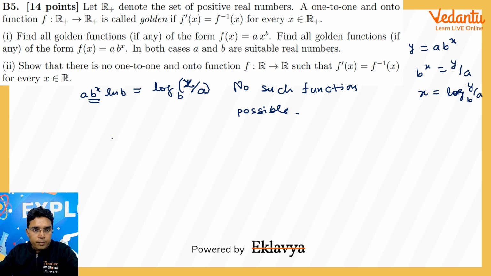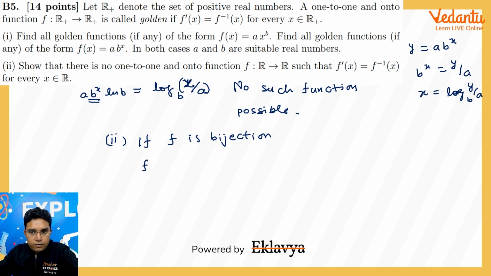Now coming to the second part, it says show that there is no bijective function f from R to R, so that f dash x is equal to f inverse x. See, if f x is bijective and it is differentiable also, assuming, because they are saying for all R to R f dash x is equal to f inverse x. So if f x is bijective, and from this given relation f dash x should be defined for all x.